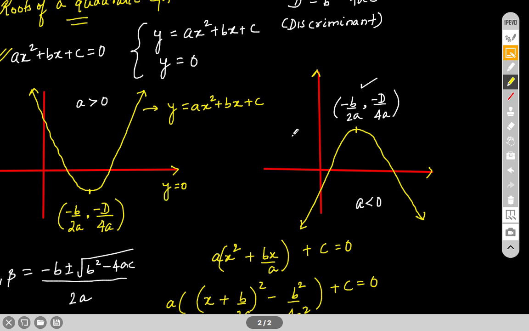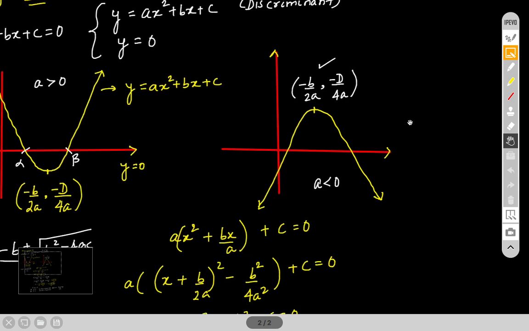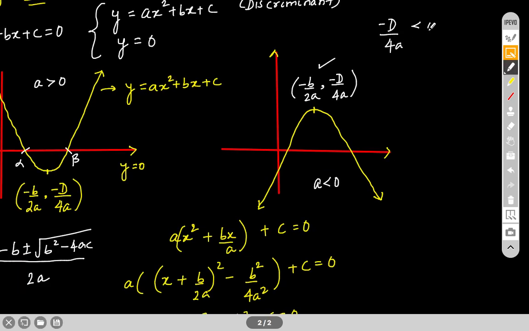Okay, just a simple explanation required here. If you have real and distinct roots, you can see them on the graph, right? In that case, let's say a is positive. If you want your graph to cut at two real and distinct points, don't you think your vertex y coordinate should be negative? Don't you think your minus d by 4a must be negative?